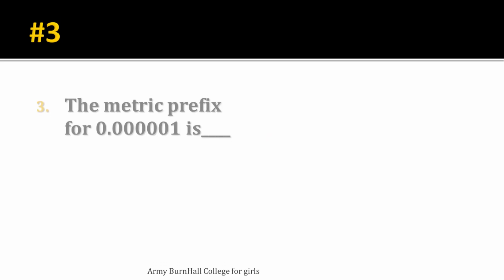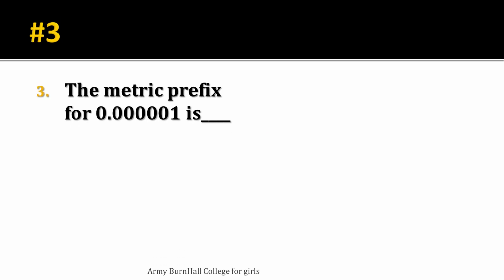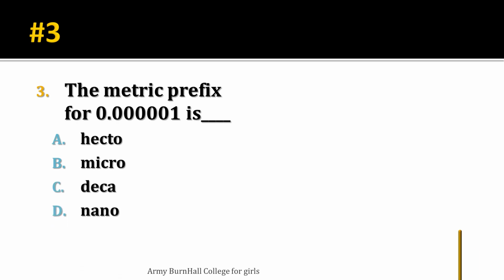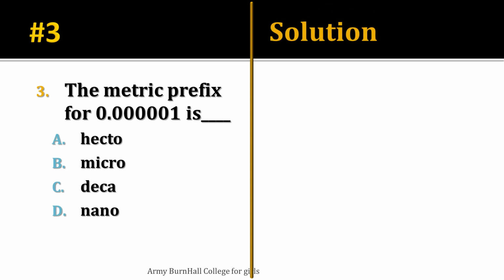MCQ number 3: the metric prefix for 0.000001 is hecto, micro, deca or nano. From the prefixes table, we have learned that if we convert this into scientific notation, we will write it as 10 raised to power minus 6, because we are moving the decimal 6 places.